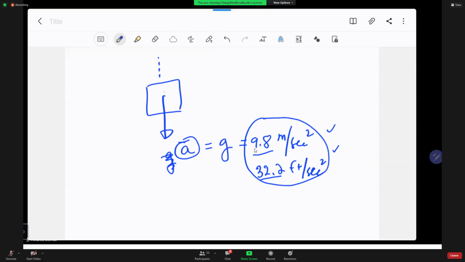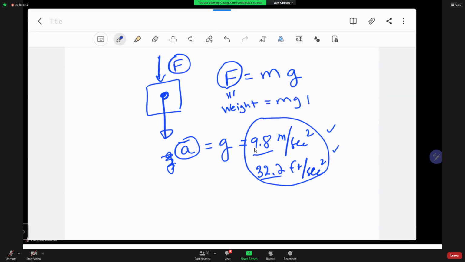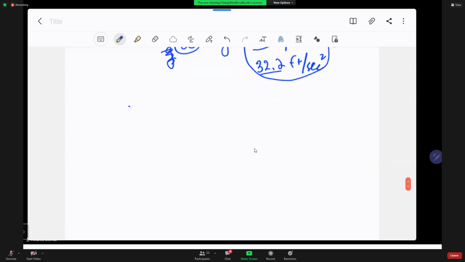So in this case, the force applied is equal to mg, which is equivalent to your weight. So you better know W is equal to mg.